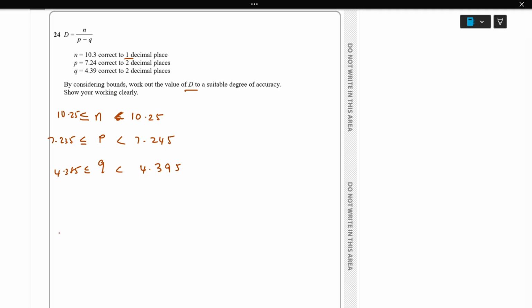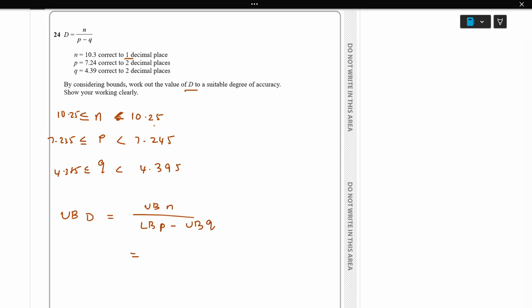So first I'll calculate the upper bound of D. We have to get the maximum value. So upper bound of n over P minus Q. We'll take the smallest denominator, so lower bound of P minus upper bound of Q. So just substitute.